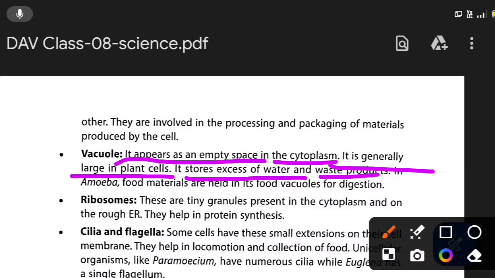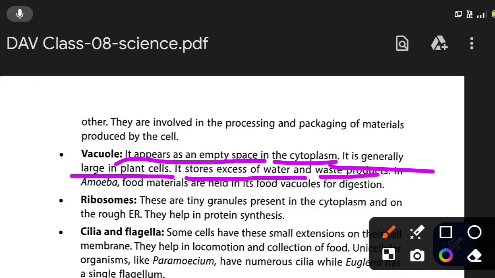Yes, like stool, urine, then sweat. They have particular openings or particular holes. But in case of plants, they have no separate system, no particular system for the excretion of waste material, for the rejection of waste material.